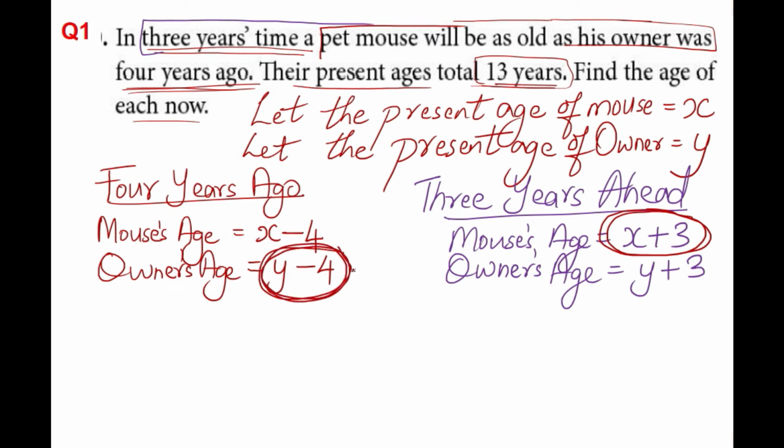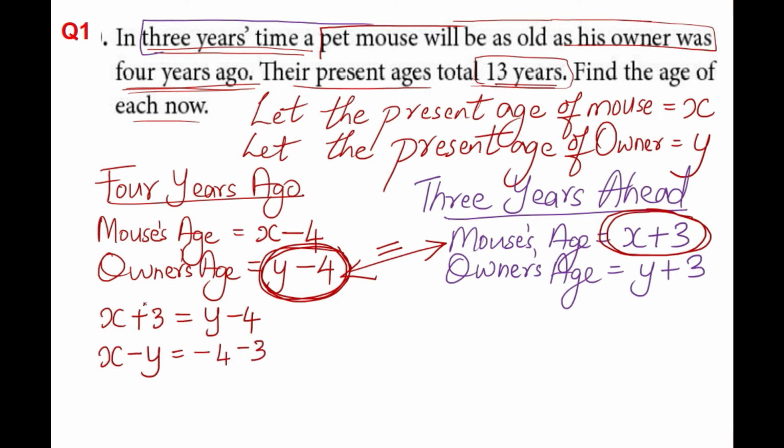So they are saying these two ages are going to be equal. So your first equation is x plus 3 is going to be equal to y minus 4, from which you can rearrange, bring all the variables to one side. So x minus y, negative 4, negative 3, because I've shifted this plus 3 to this side and the y to the other side. So x minus y is going to be negative 7, which is my first equation.